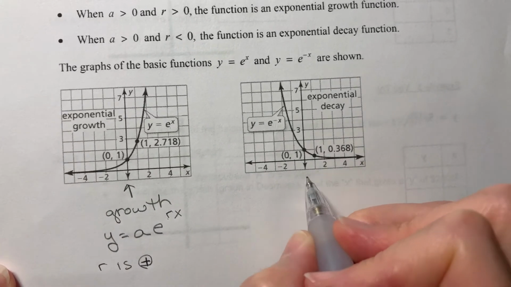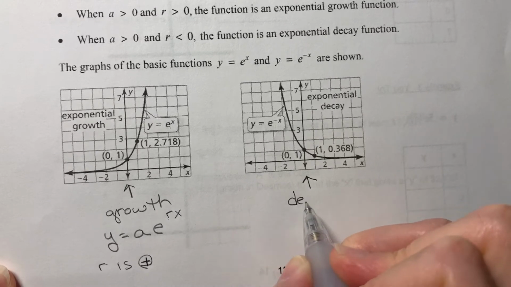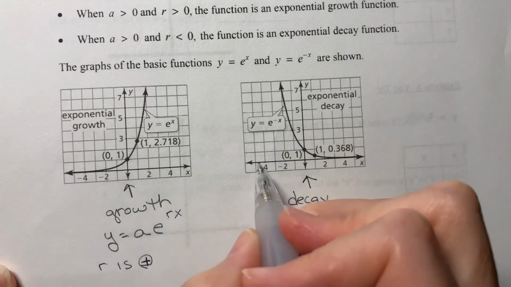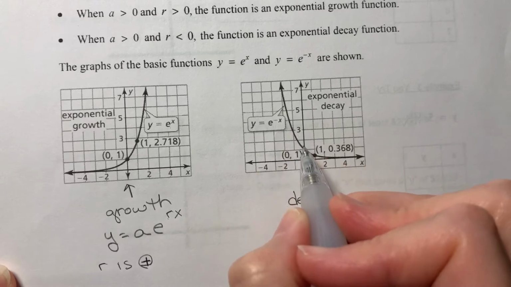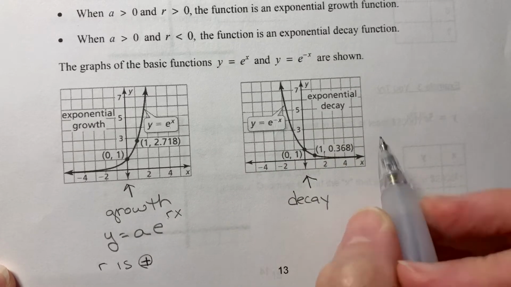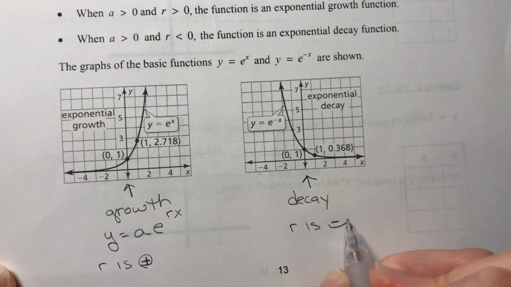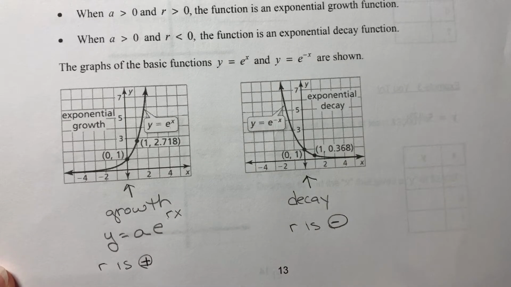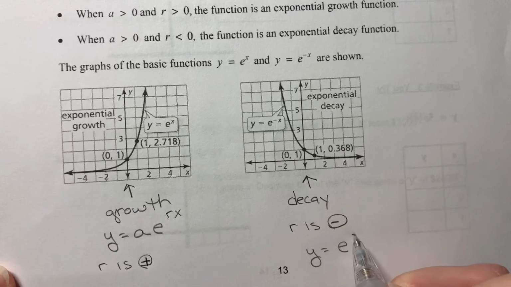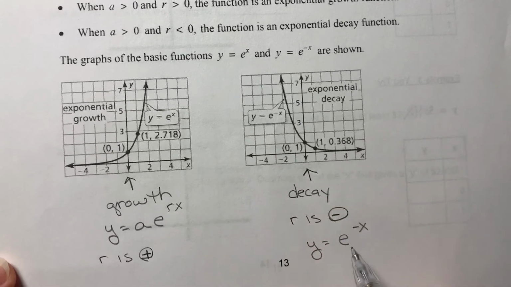And over here, this is a graph of decay, because when we move left to right, our graph is approaching 0. And this is going to be r is negative. Now, what you can think of is the exponent is going to look negative. So this is the graph of e to the negative x.